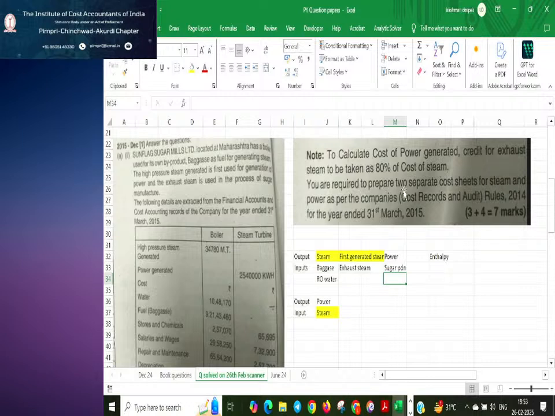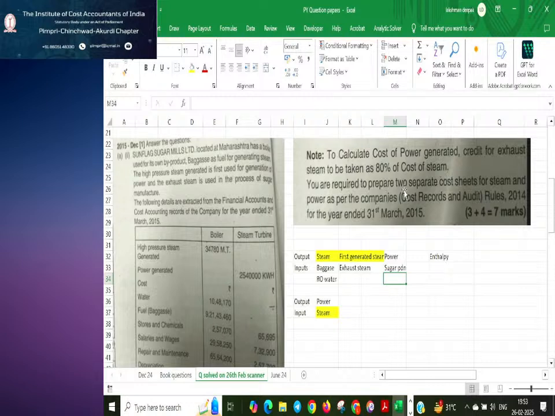You are required to prepare two separate cost sheets for steam and power as per the Companies (Cost Records and Audit) Rules 2014 for the year ended 31st March 2015. So we have to prepare two different cost statements, one for steam, another for power.